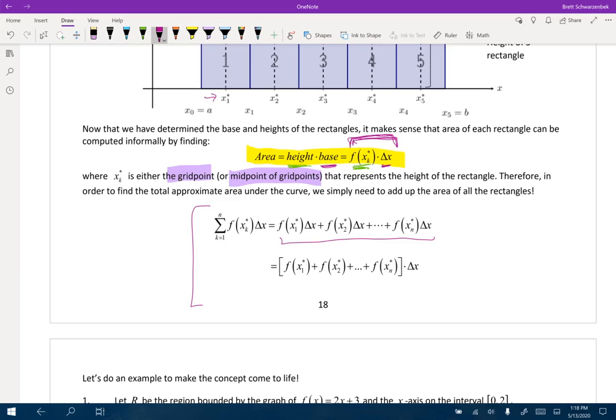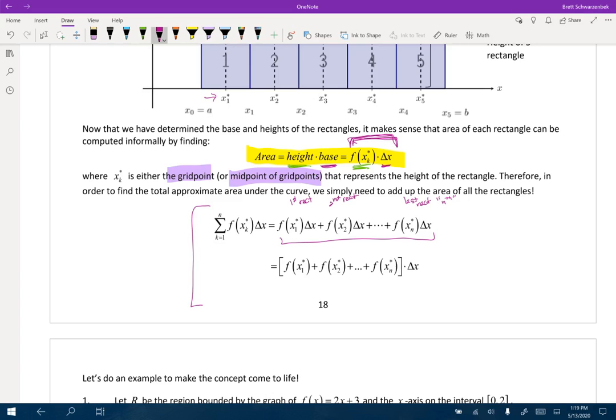For the first rectangle, we have to find f of the value of the grid point or midpoint, times the change of base. Then we go to the second rectangle. This is the first rectangle, this is the second rectangle. You keep going until you get to the last rectangle, which by the way is the nth rectangle, right? So you go all the way through.